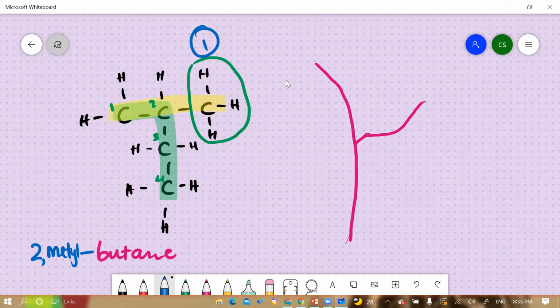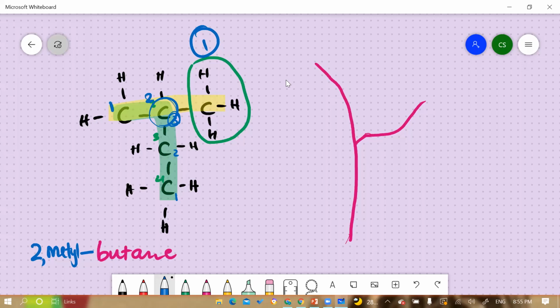And this 2, where does it come from? The 2 is because it's on the second carbon. So you count again 1, 2. You could also count from the other way, 1, 2, 3, but you want to use the smallest number.